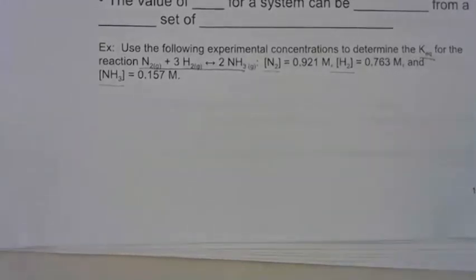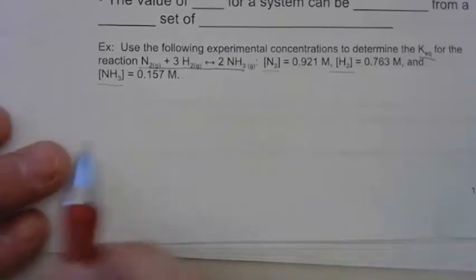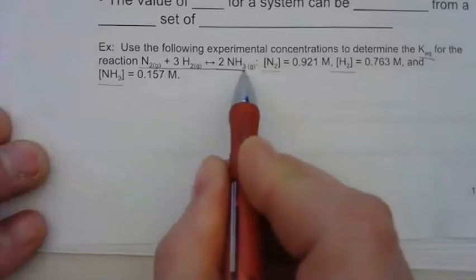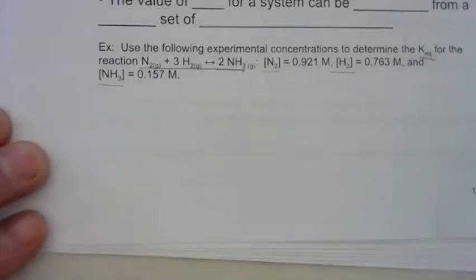So the first step is to take the chemical reaction equation and put it into an equilibrium expression. And remember, for that, it's always products over reactants.